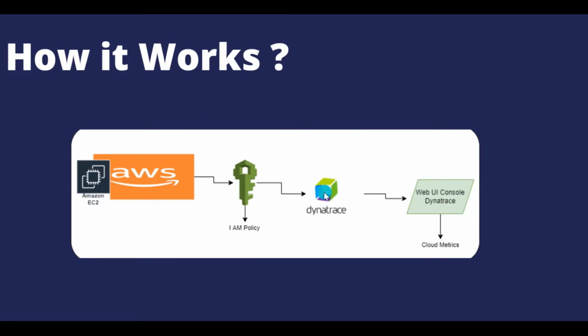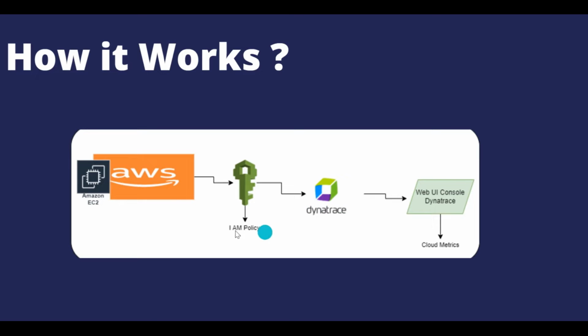Okay, then how can we integrate? Now I'm going to explain this process. All you need to do is define one IAM policy, and this policy is already predefined, which we can find on the Dynatrace website. The link I'm going to share in the description, and also in this session we are going to see that policy, which is already predefined.